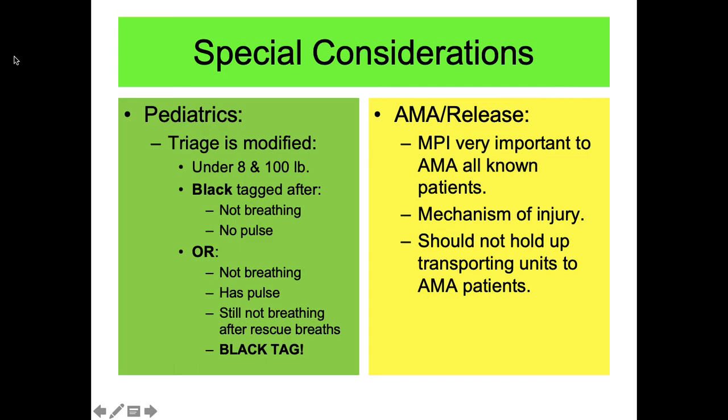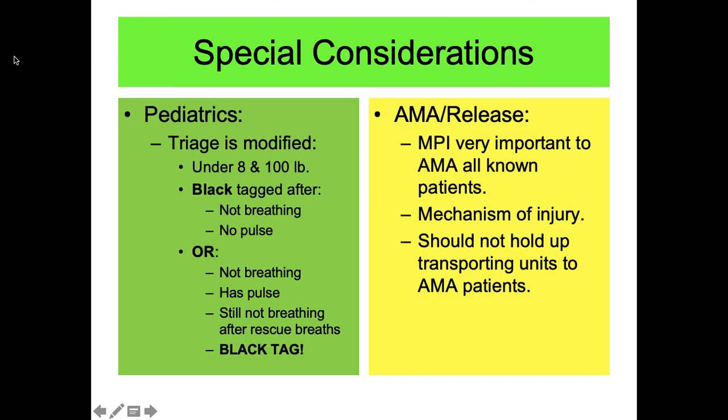You just move on. If they're not breathing but they have a pulse, and you open the airway and you give them a couple of breaths and they're still not breathing after your rescue breaths, then you black tag them.